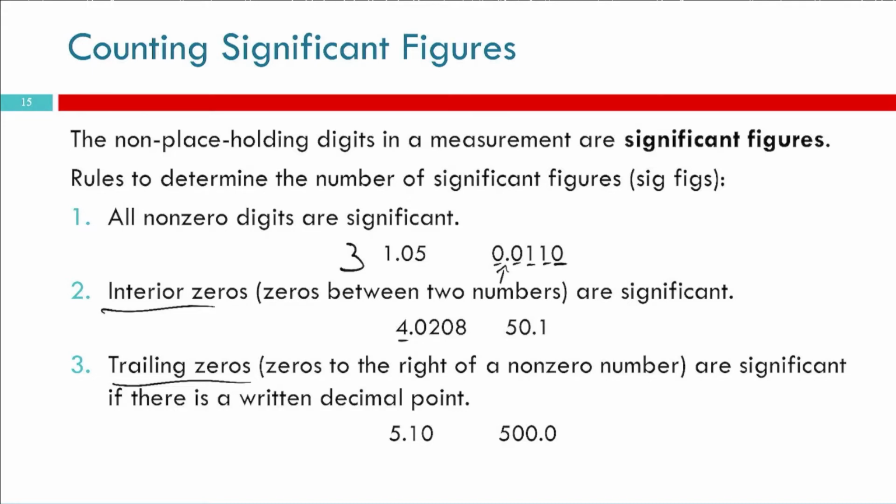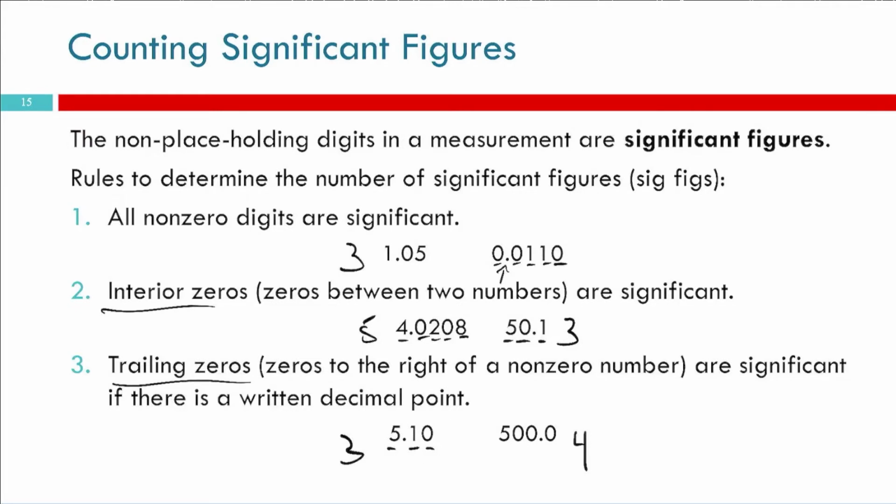With our interior zeros, we have 1, 2, 3, 4, 5 total significant figures. Then on the 50, we have 3, and 5.10 is 3 significant figures again. So that's 5, 3, 3, and for this last one, there's 4, because you count all of those zeros because there's a decimal place.